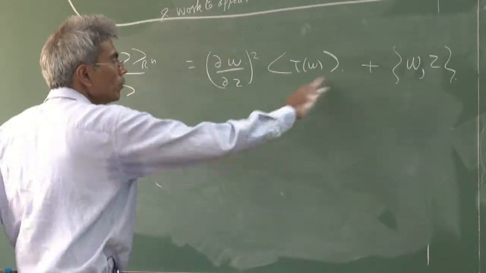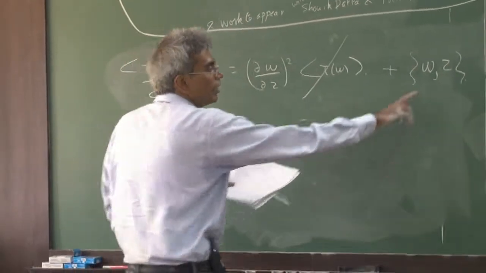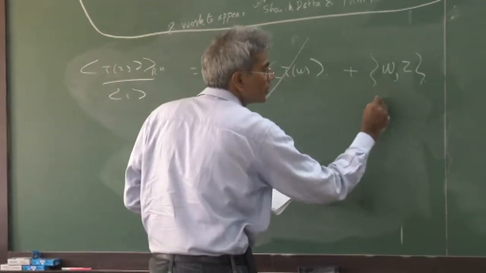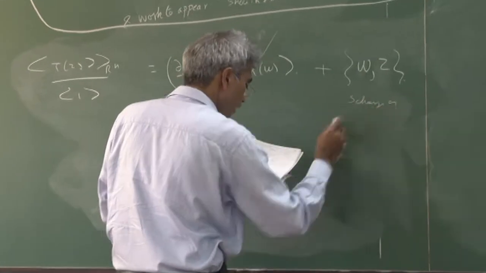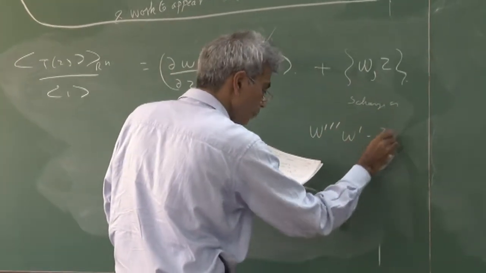Okay. And T of w is on the w plane. So, this is the uniformized plane, it is just a simple plane. By translation invariance, this is 0, and the Schwarzian you can compute. Okay, let me write a formula for that. It's a formula in terms of the map.